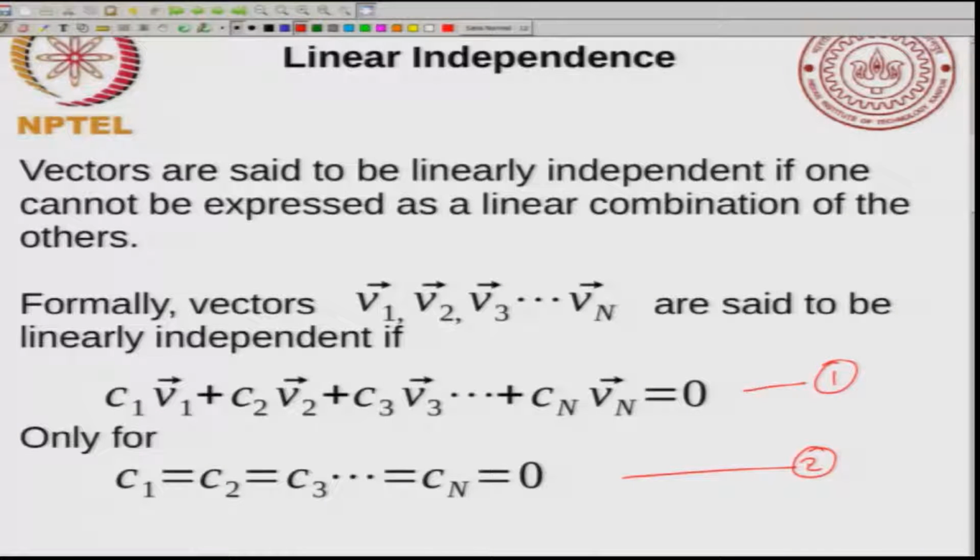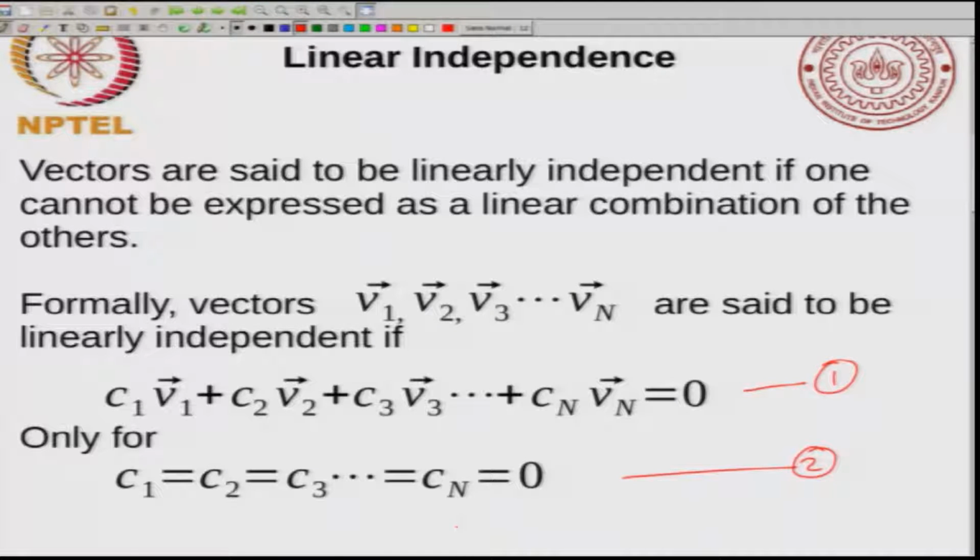So, the second relation implies the first, but if the vectors are linearly independent, then there is no other solution. There is no solution with one or more of these c1, c2 not equal to 0. That is what it means to say that the vectors are linearly independent.